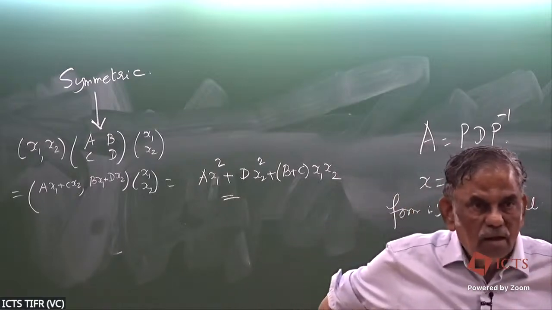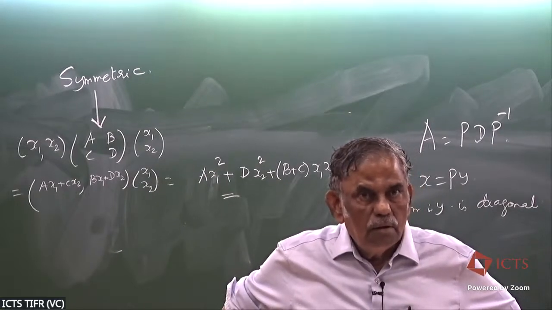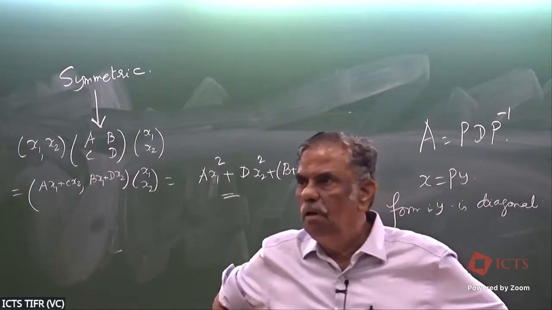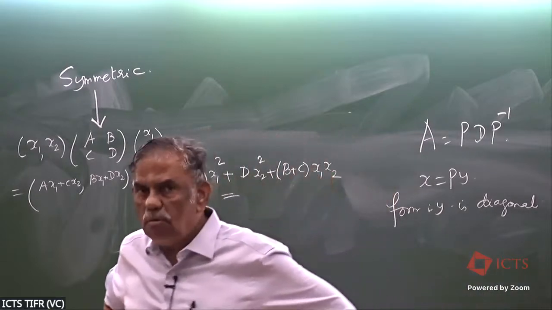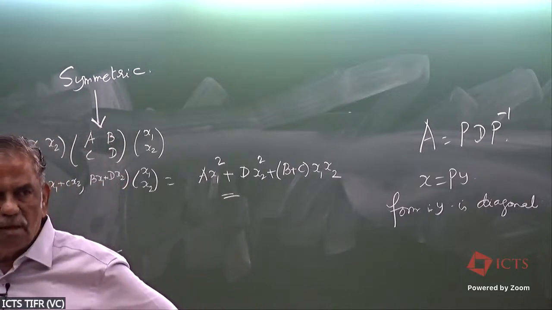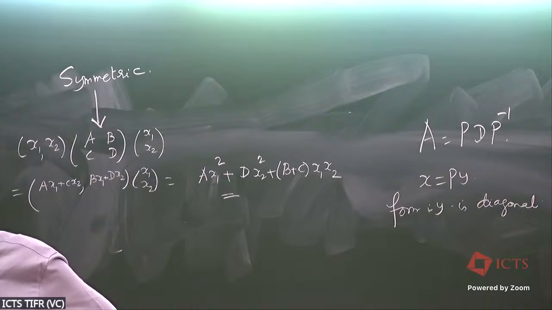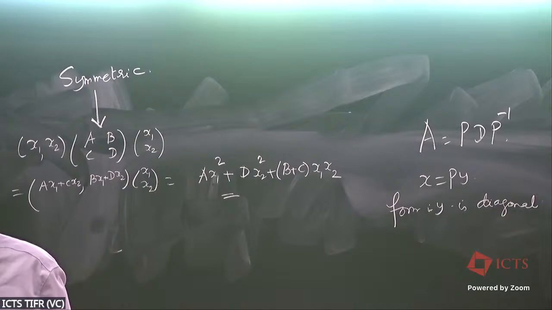Sorry? The diagonal entries of D may not be integers. No, they will be integers because I am putting X equal to Py. Eigenvalues of A may not be. Oh, eigenvalues, okay. I mean, if the original form has integral entries, then the diagonal form need not have integral entries, but there will be a constant N such that when you multiply, NA inverse would have integral entries.